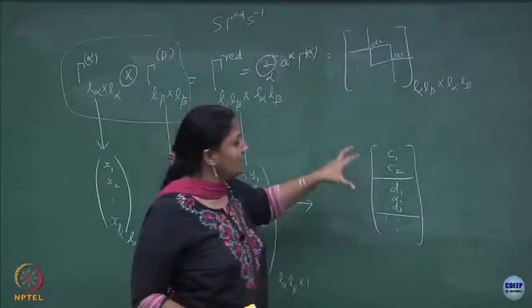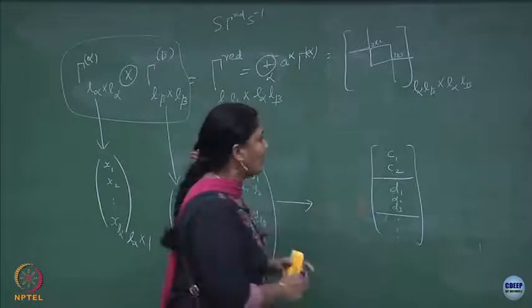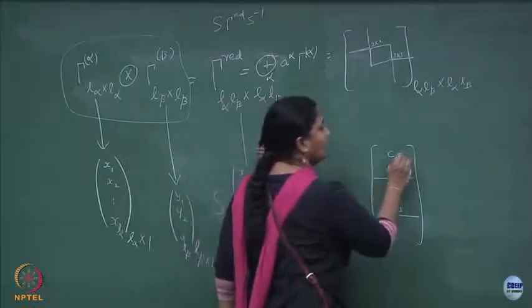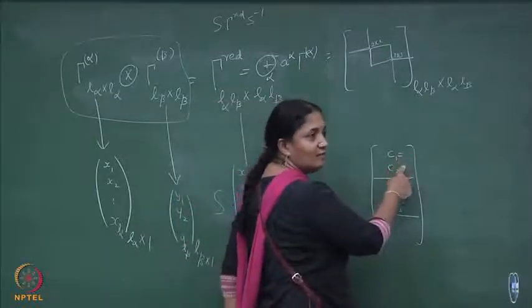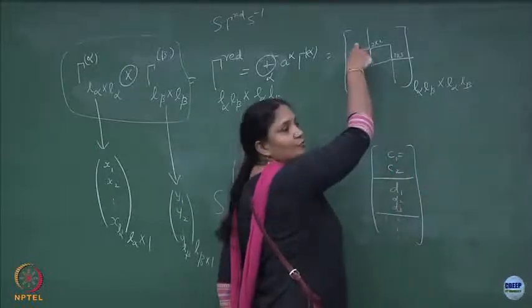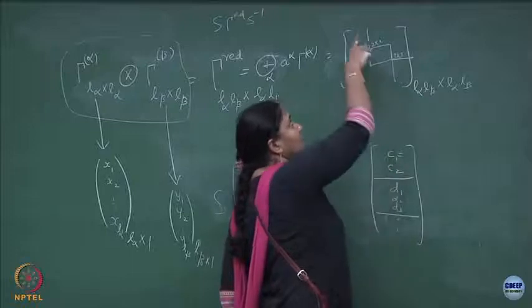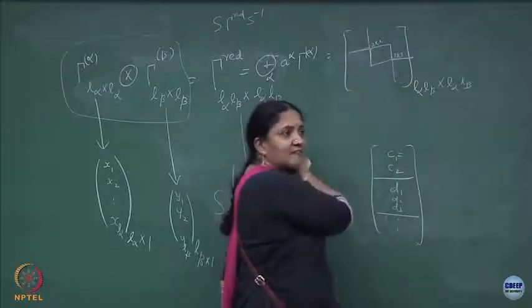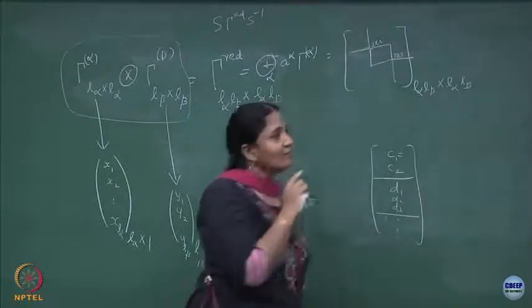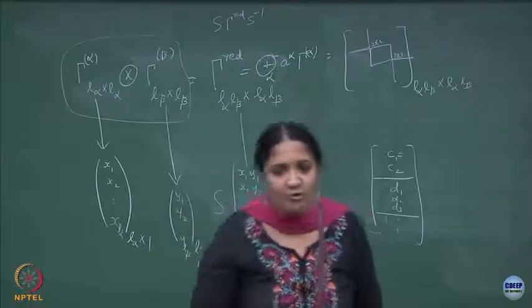So, we will get to this and we want to understand what linear combination gives you C1, which belongs to the vector space on which this irreducible representation acts. That is what we want to understand.